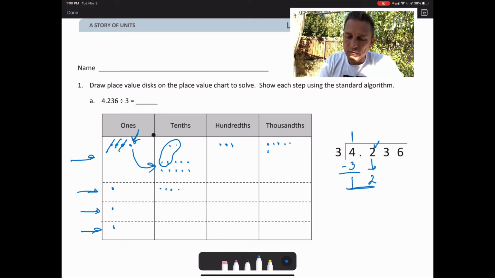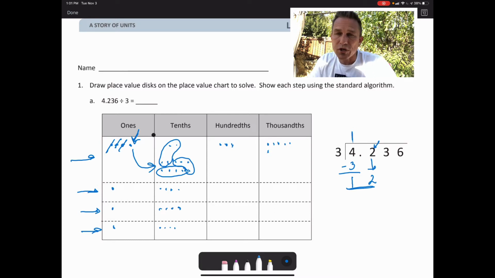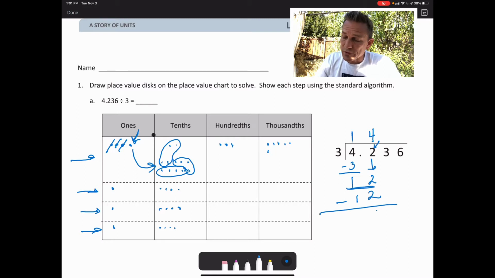And I'll take 4 more and put them here. And 4 more and put it here. So how many was I able to share for each group? 4. And how many did I share in all? I shared 12. I shared all 12 of them. So now there are no tenths left.